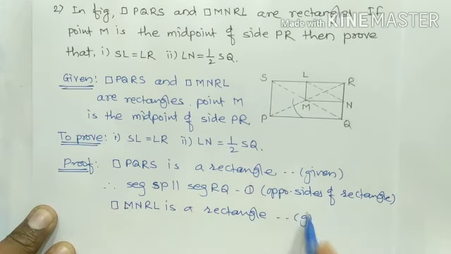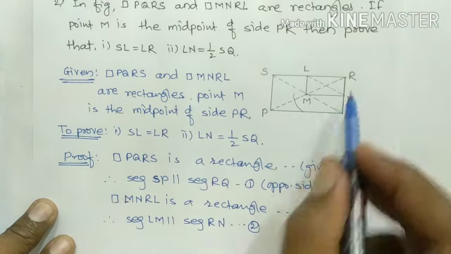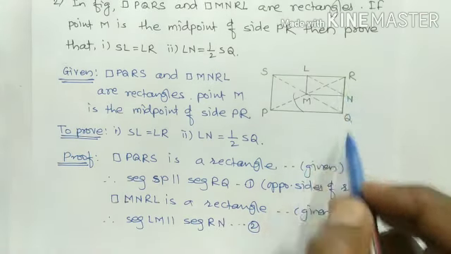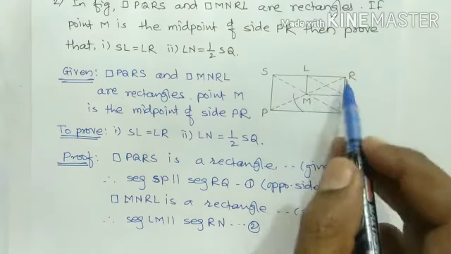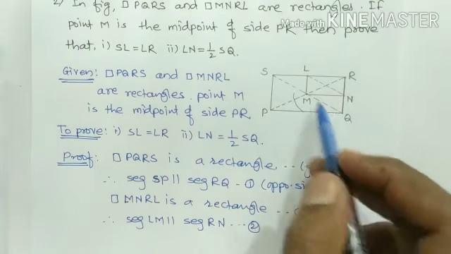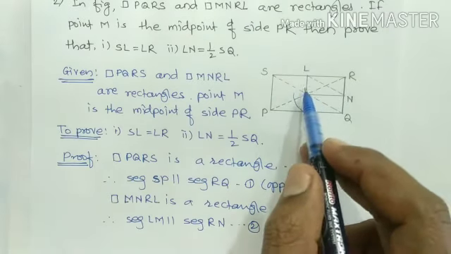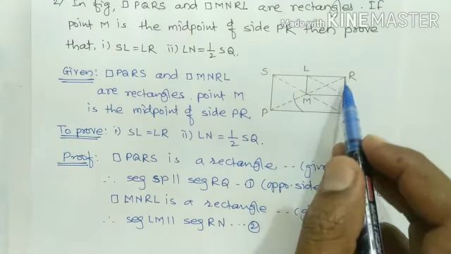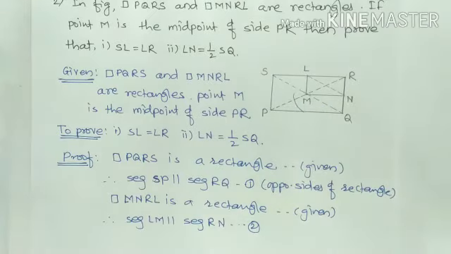It is also given, and as this is a rectangle, therefore seg LM parallel seg RN, let's give this number 2. Now RQ and RN are on the same line, so this LM and line SP both are parallel to segment RQ. Therefore, these two segments are parallel to each other, because we know that if two or more lines are parallel to the same line, then these two lines are parallel to each other.